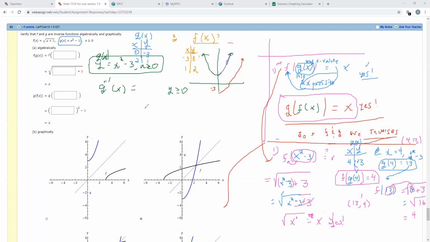So we're going to take f of x and put it into g. But we're not going to pick an x value again. It's for any x value.